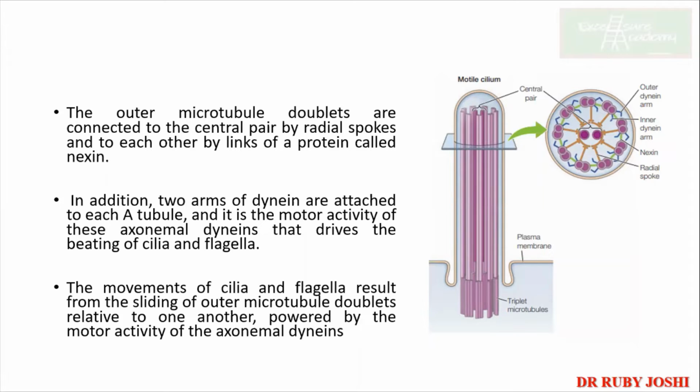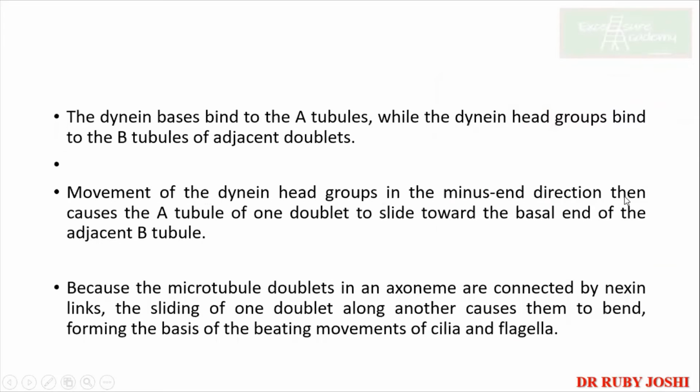The movement of the cilia and flagella results from the sliding of outer microtubule doublets relative to one another. So when one slides with respect to the other, it is going to create movement. This is done by the motor activity of the dynein arm, which results in the sliding.